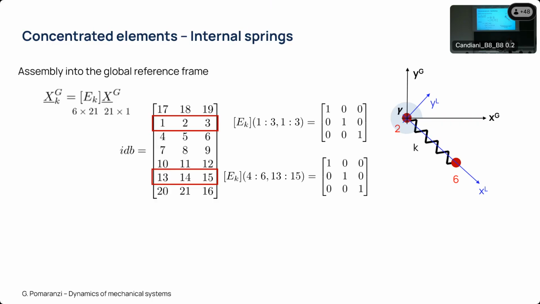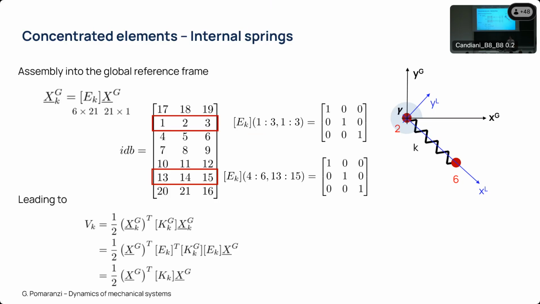Then, by using again our ADB matrix, we can create an extraction matrix. In this case, it's a little easier to use the extraction matrix to create two very sparse matrices which will have 21 rows, because we have 21 coordinates in our global reference system, and 6 columns, so that we can assemble our potential energy into the global stiffness matrix of our structure.